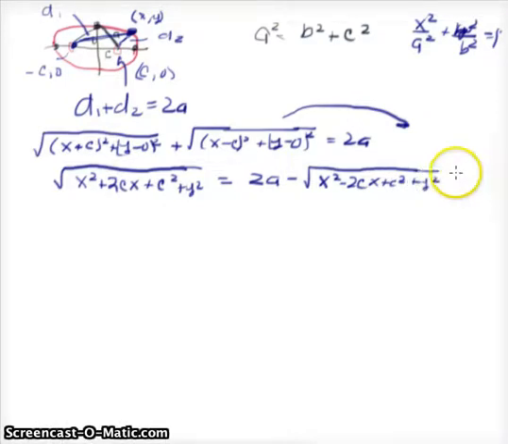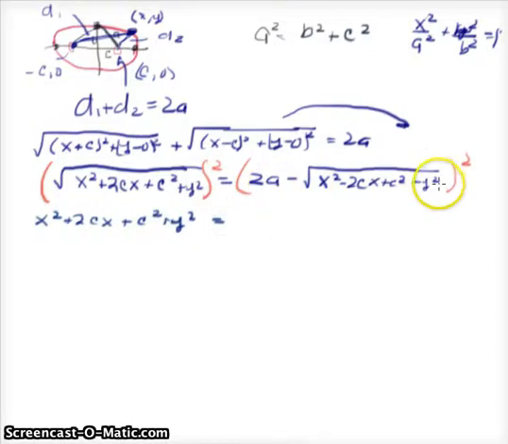Okay, now remember, working with radicals, you have to square both sides. So we're going to square this side, then we're going to square these two sides right here. When I do the left side, I get, very easily, x squared plus 2cx plus c squared plus y squared is equal to, now you've got to remember, this is a binomial squared.